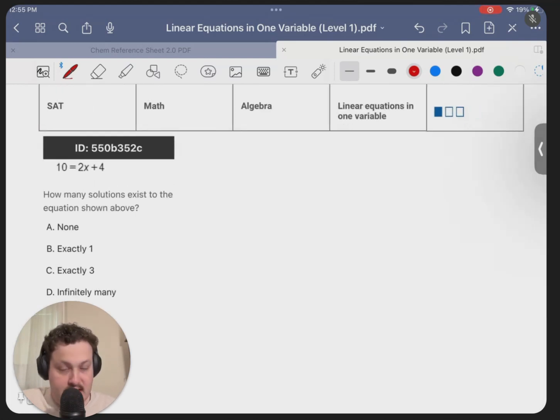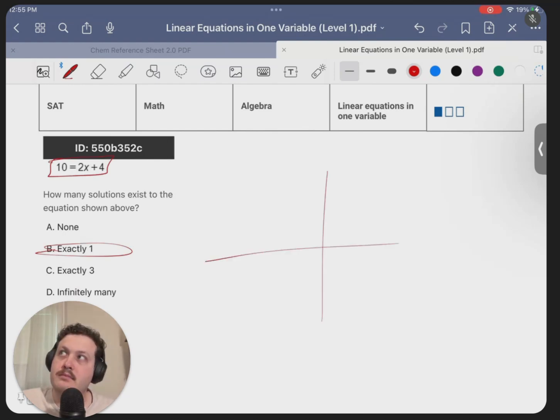How many solutions exist? There should be one solution for every linear equation. Lines. I guess there's a couple of differences. I take it back. There can be 0 solutions, 1 solution, or infinitely many solutions. Infinitely many solutions would be a flat line right on the x-axis. That's where every single value of x gets you a y value of 0.